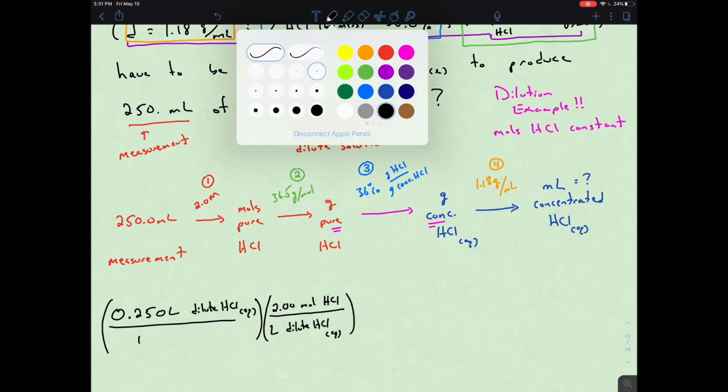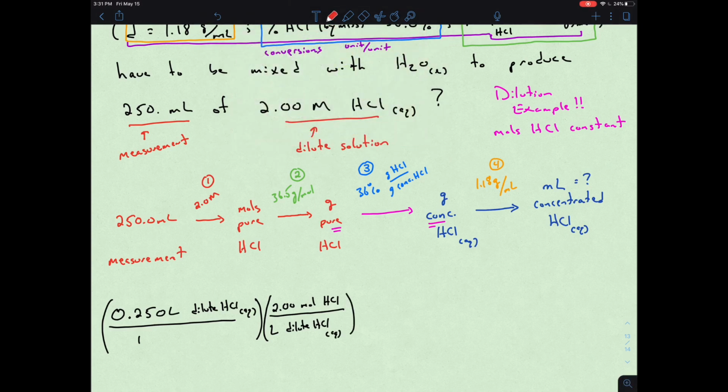So that's step one, using the volume measurement to cancel to get to moles using the actual molarity. We then go to step two, which is using the molar mass that I have, 36.5 grams of HCl for every mole of HCl.